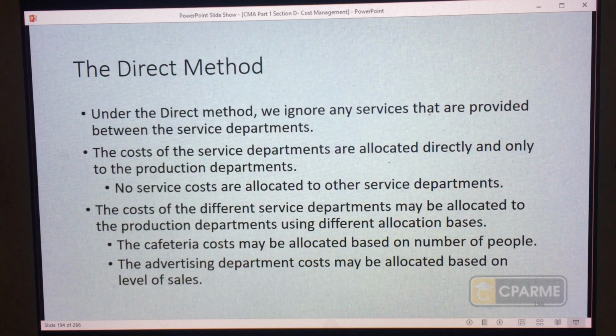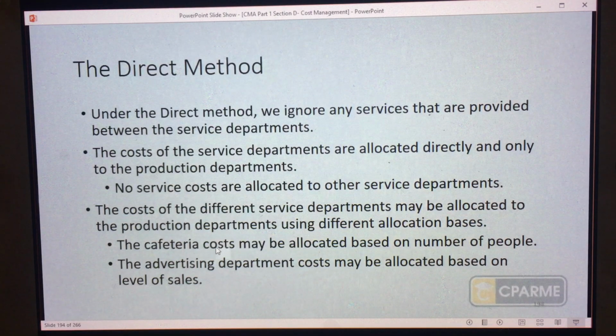So it is direct, to P1 and P2 only. The cost of your service departments is allocated directly and only to the production departments and not the service departments, using your different allocation bases. In this example, that was the computer hours and the number of employees.